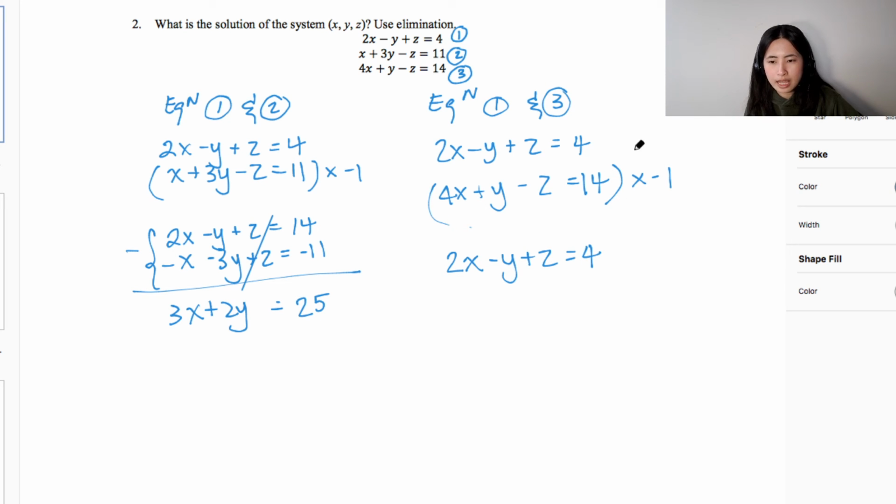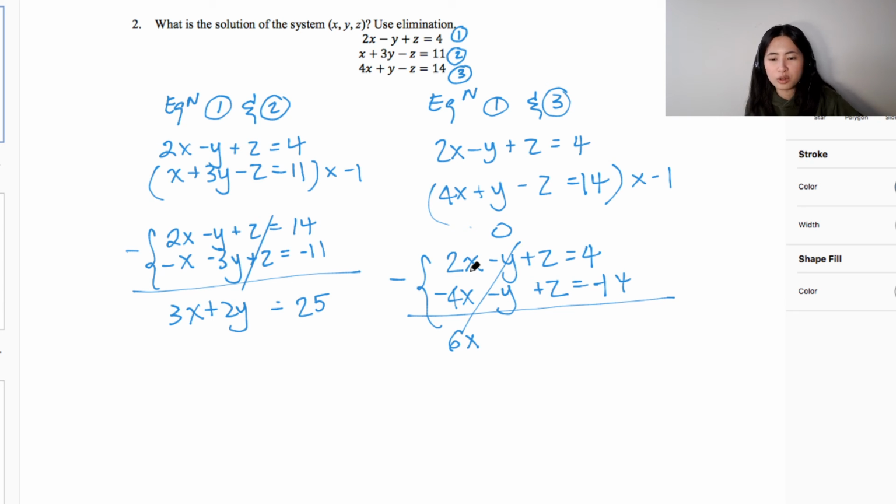When I multiply my second equation by -1, I'm going to get -4x, and this is now minus y, and this is now positive z, and that's equal to -14. So I'm subtracting the two equations now. I'm getting 2 plus 4, that's 6x. And then as you can see, you have -y minus y, which gives you 0, right?